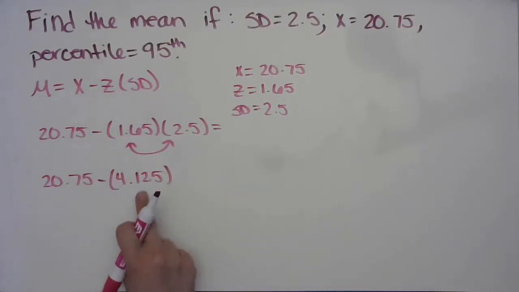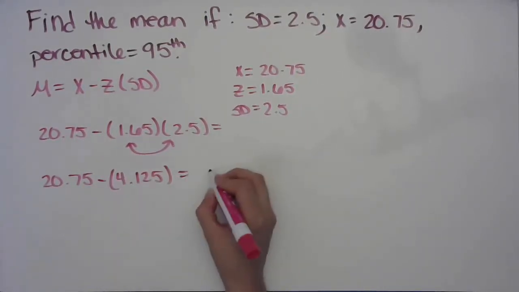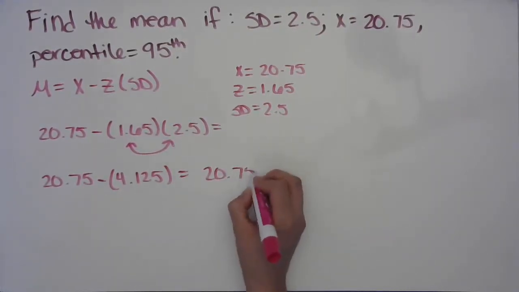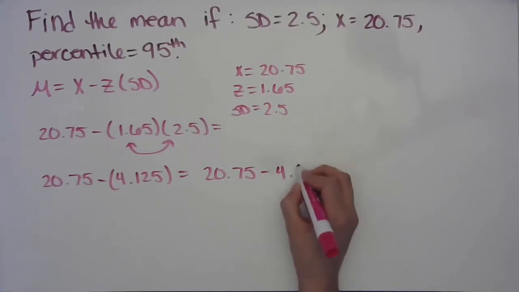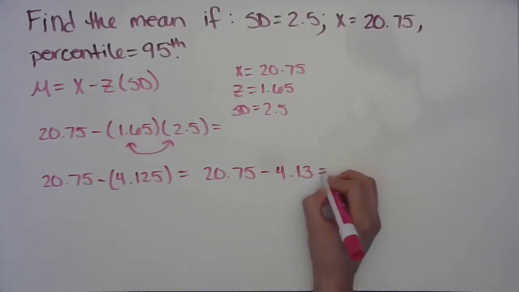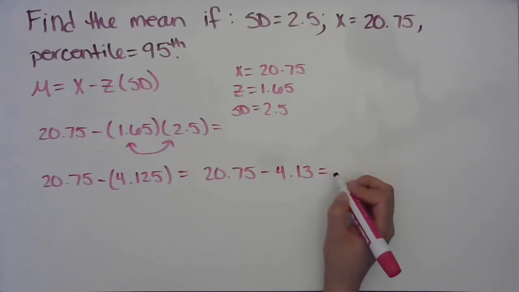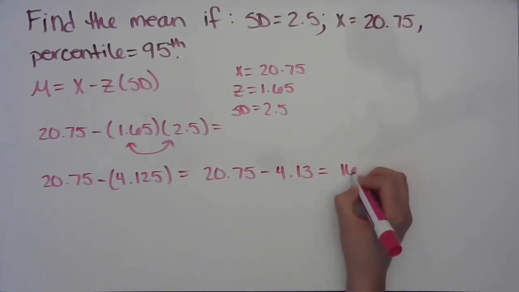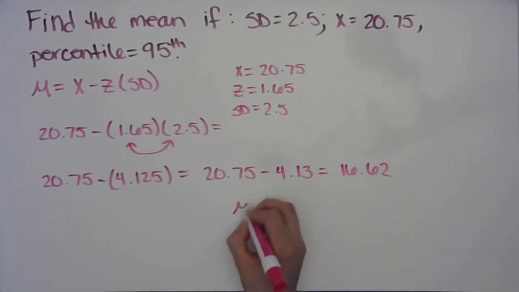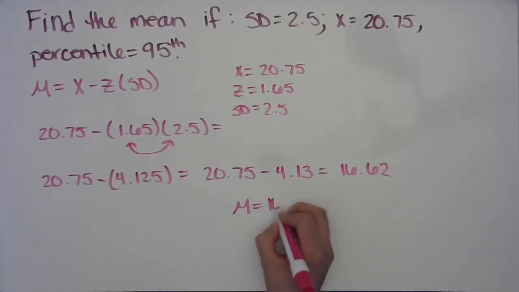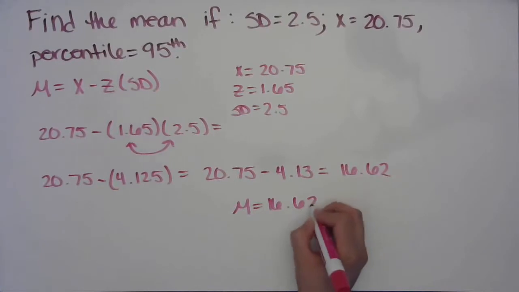So now we need to go ahead and round this. So we are going to be left with 20.75 minus 4.13. And then that is going to give us 16.62. So our final answer is the mean is 16.62.